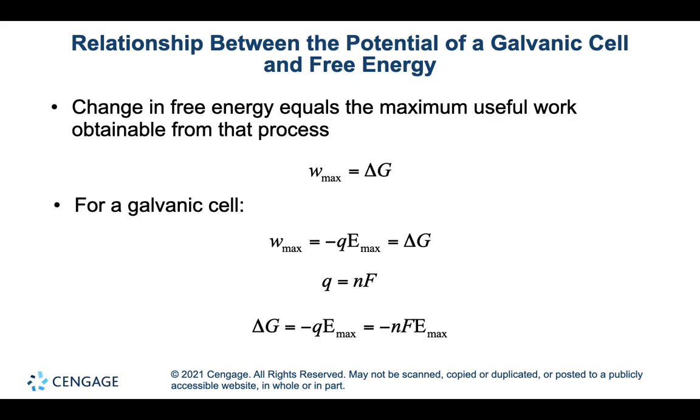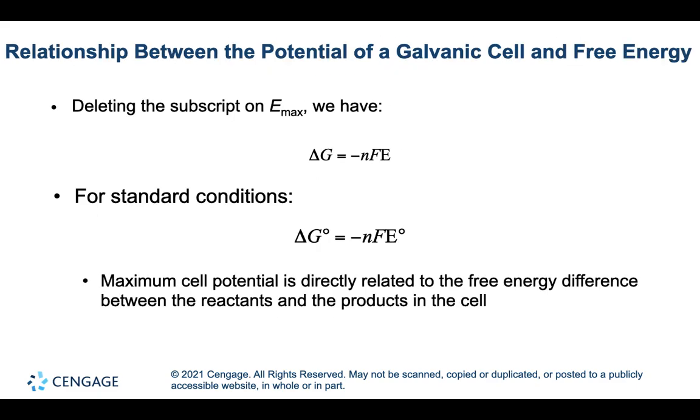Now, if you look at this, a negative delta G is considered spontaneous, and a positive E is also considered spontaneous. So delta G equals negative NFE is an important equation. And of course, if you're doing your reactions under standard conditions, 25 Celsius, 1 molar, 1 atmosphere, then delta G naught is going to equal negative NFE naught.